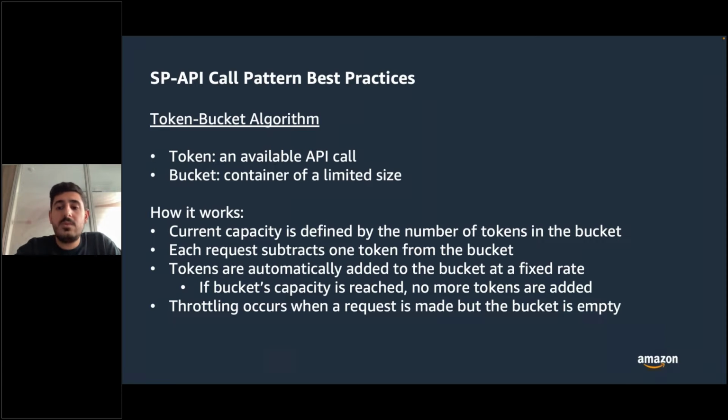And one way of doing so is by relying on the famous token bucket algorithm. It's one way of measuring and controlling traffic. Basically, the token bucket algorithm is an analogy of a fixed capacity bucket into which tokens are added at a fixed rate.